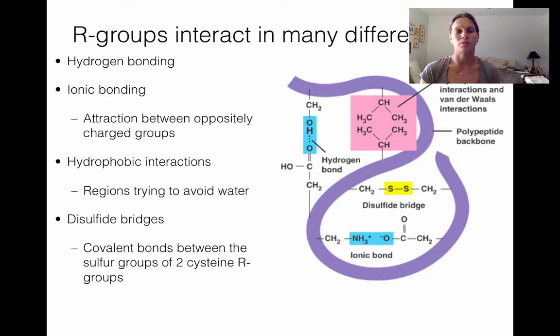So you can see on this picture we've got hydrogen bonds, ionic bonds, van der Waals interactions, and these disulfide bridges, and all a disulfide bridge is essentially a covalent bond, but it's between 2 sulfur components, so that's why they call it a disulfide bridge. This is between 2 cysteine amino acids, which are sulfur-heavy.